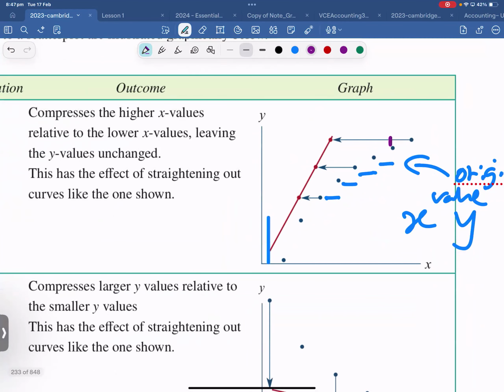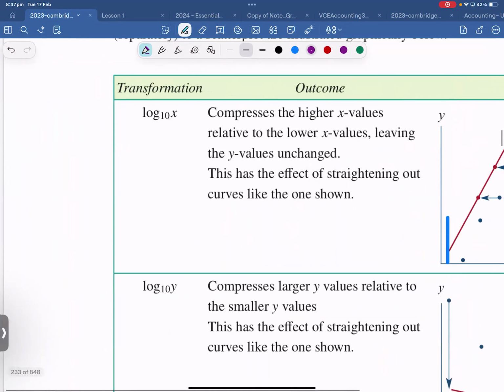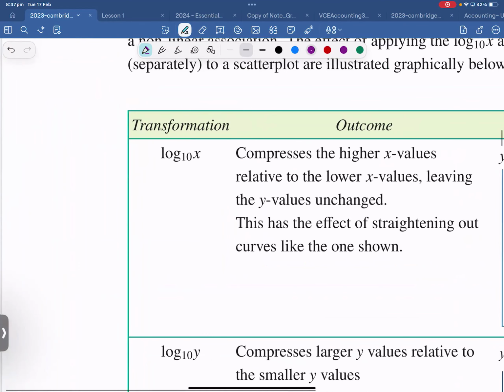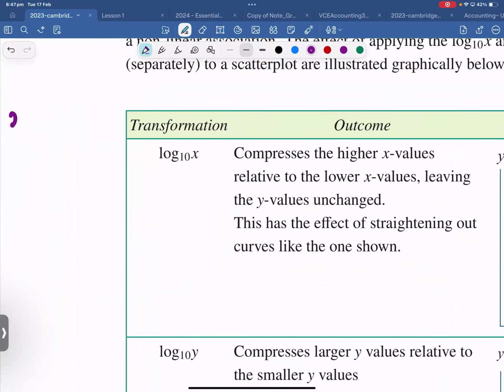That's it. We were having values, let's say x is 1,000, 10,000, 100,000, too big. Then you use log x.